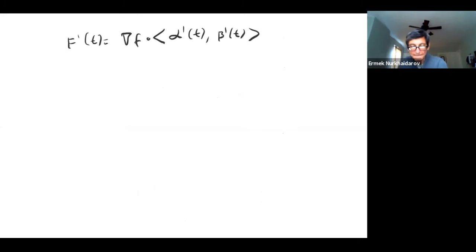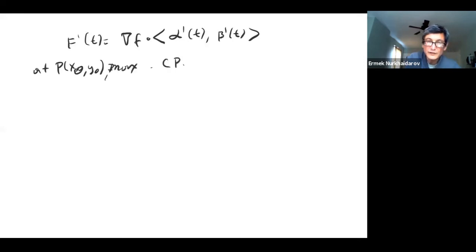Now, one more time. At point P, the function has max or min, it's a critical point, therefore the derivative of capital F with respect to t, F prime at point P, is supposed to be equal to 0.